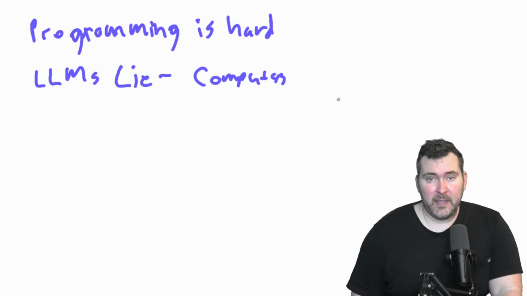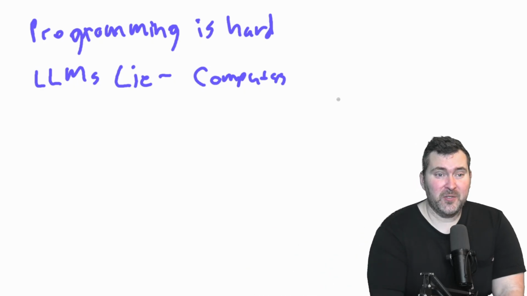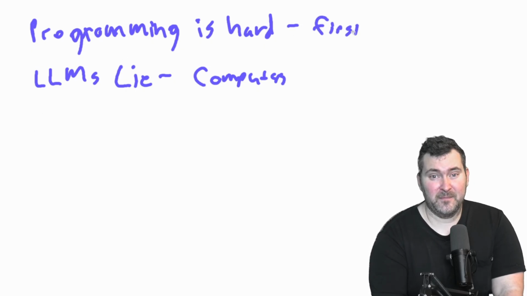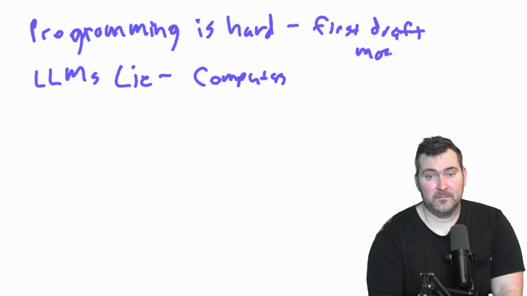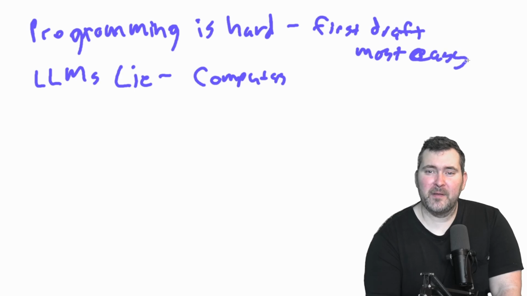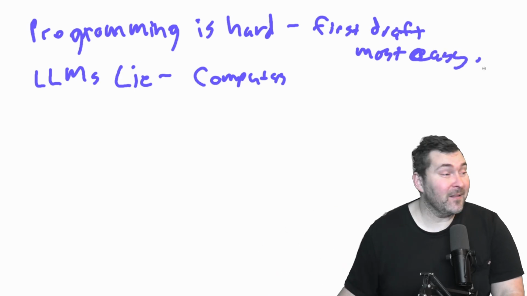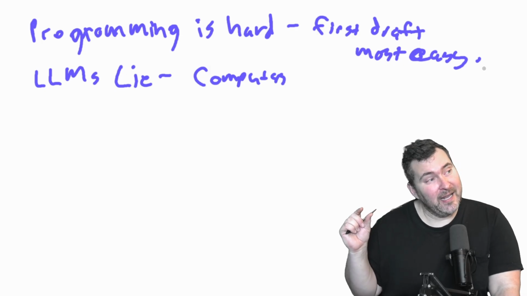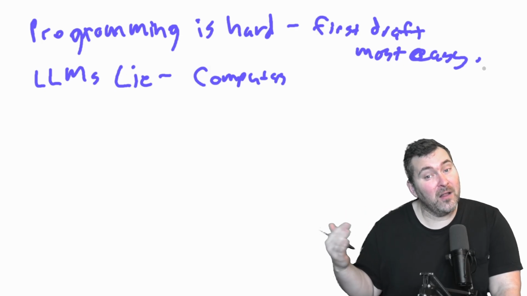Now, something I don't have time to get into is that in programming, the first draft is the easiest draft. Why is the first draft the easiest? Well, it's because it's usually the smallest and it doesn't have all of the things you might want.